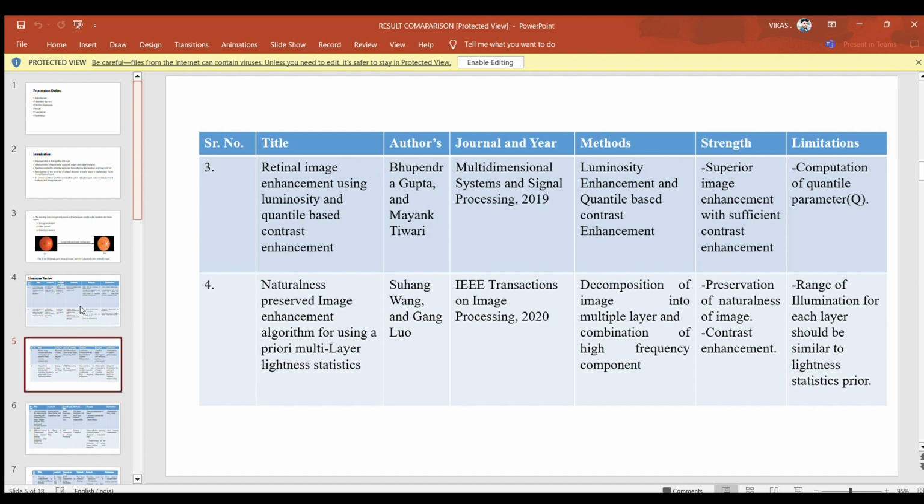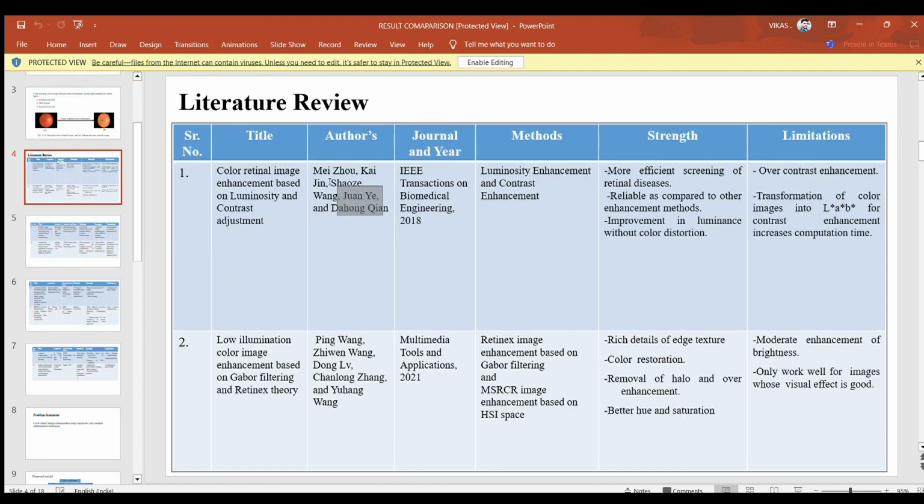This is IEEE Transactions on Biomedical Engineering 2018, which discussed the first research paper.